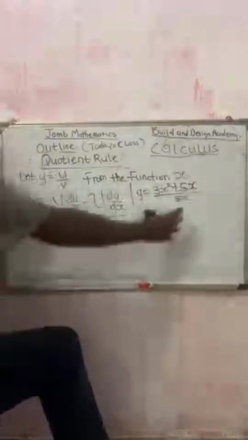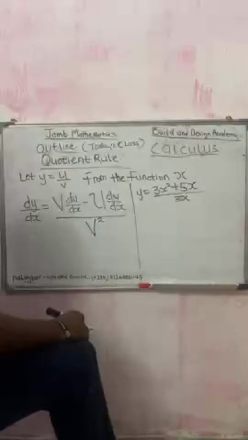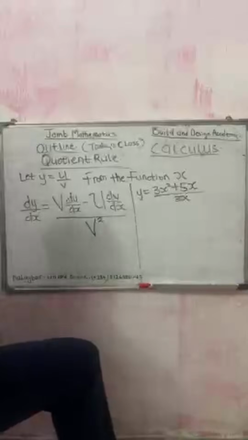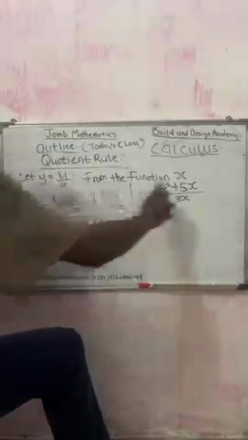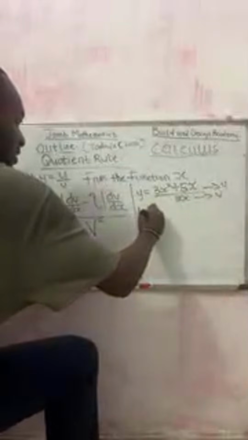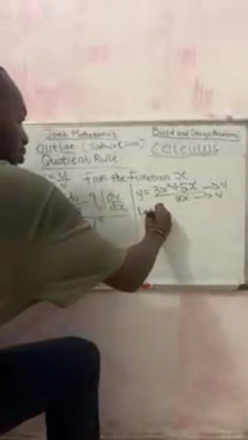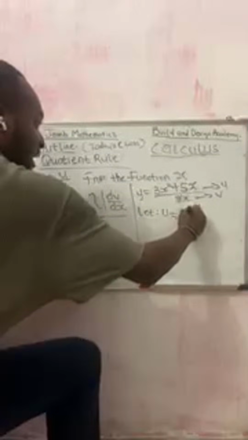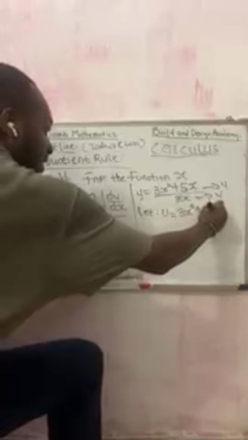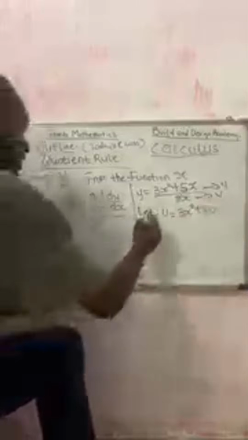We're asked to differentiate it. Before we differentiate, remember y equals u over v. So this one will be u, and this will be v. So we say let u be equal to the numerator, 3x squared plus 5x.